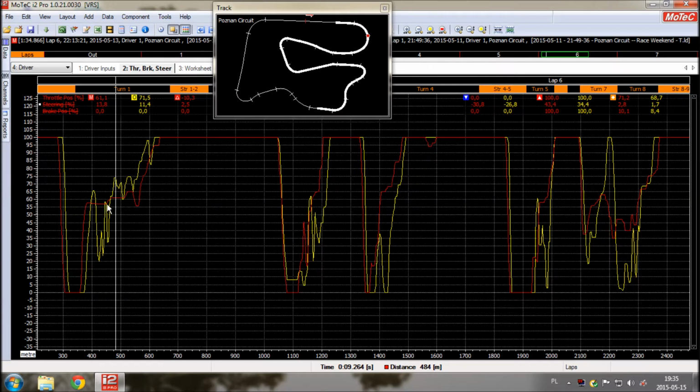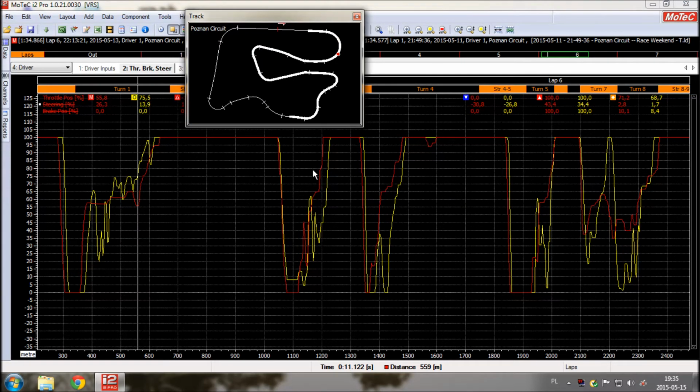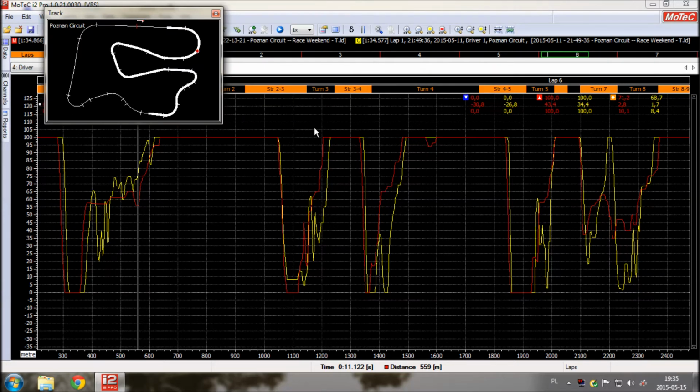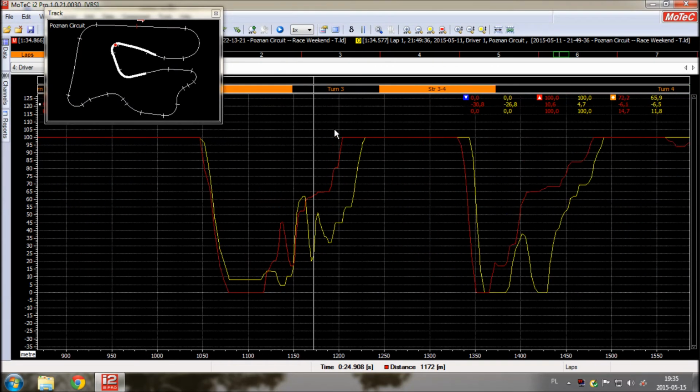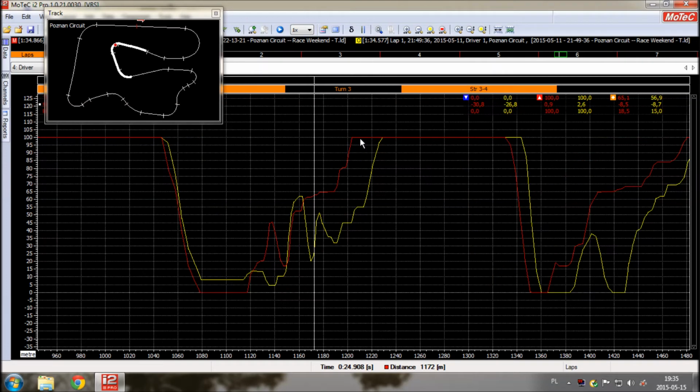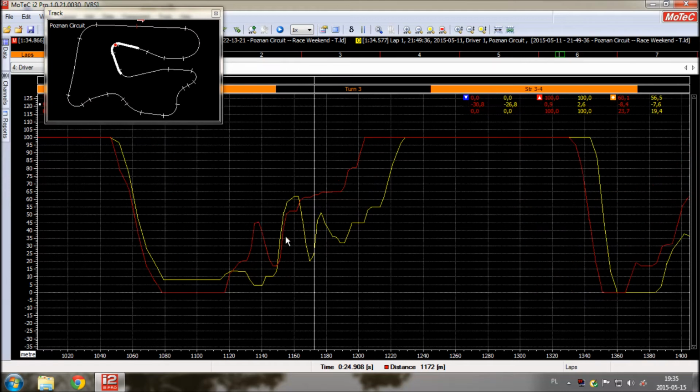Still, we have a small dip here, plus a couple of flat areas, but still comparing to the first stint, it's something very good. Okay, turn number 2, same situation again. It's better, right? You can see also that he started applying throttle much earlier than in the first stint, but we have again a dip here.